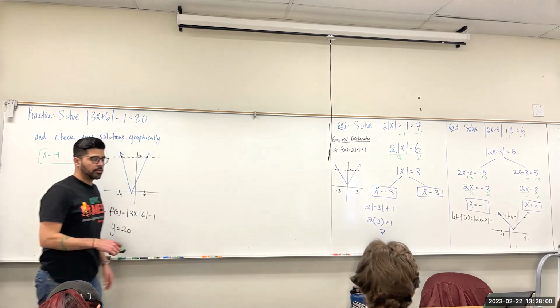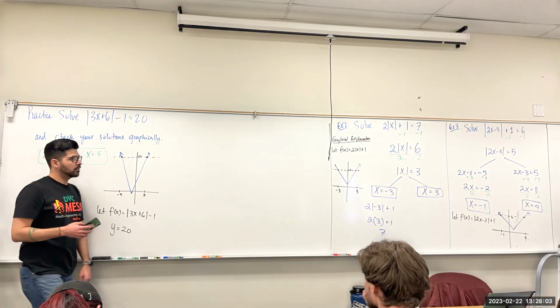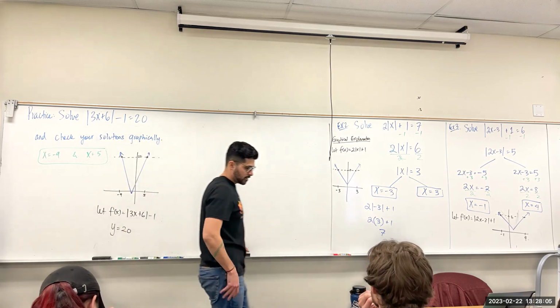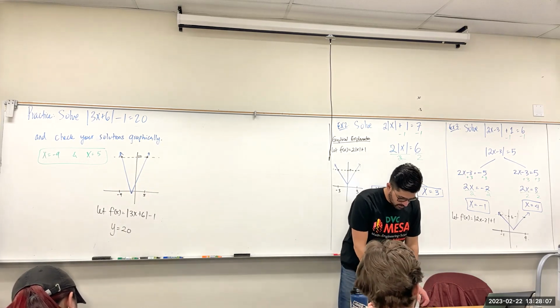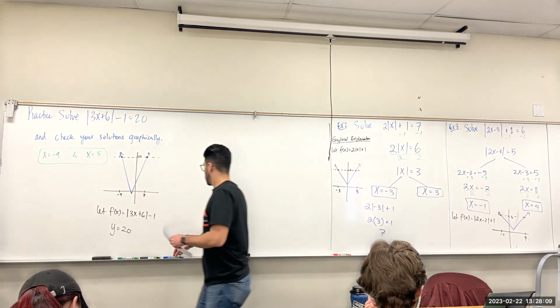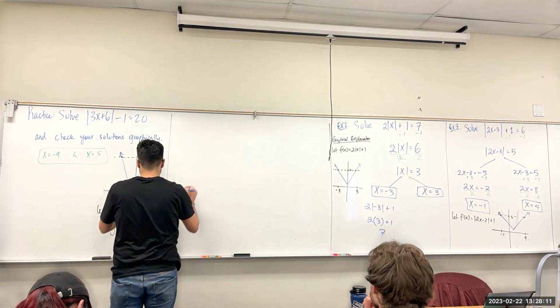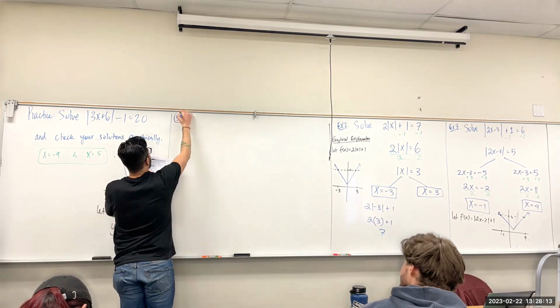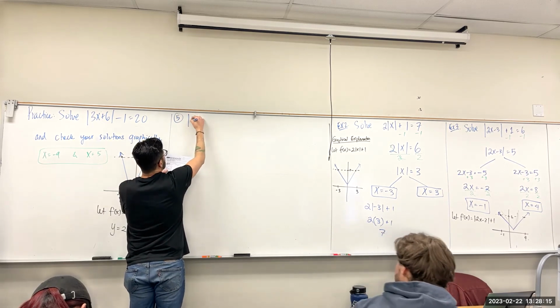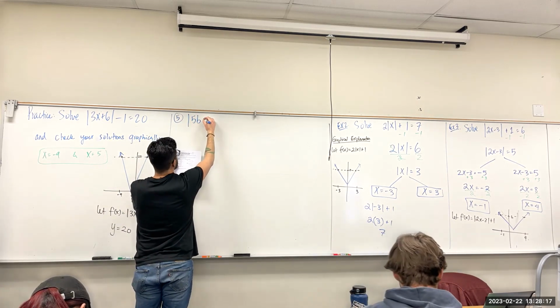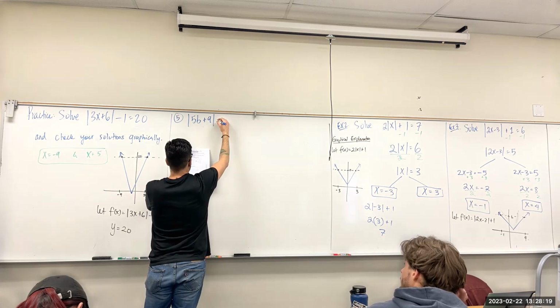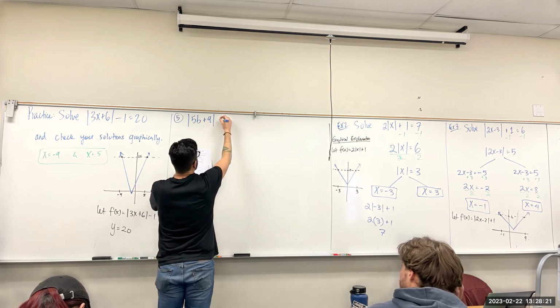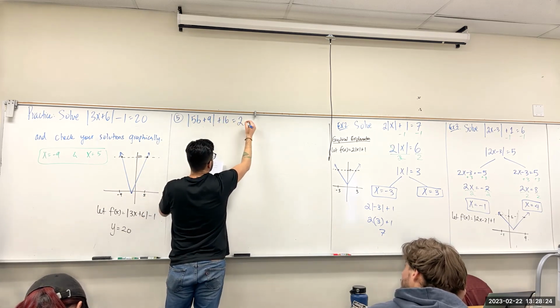All right, did you guys find the ones that have no solutions? 5 and 6, let's see why those have no solutions. Maybe you solved it, and you're like, wait, I got an answer though, what's up? You got the absolute value of 5b plus 9 plus 16 equals 2.